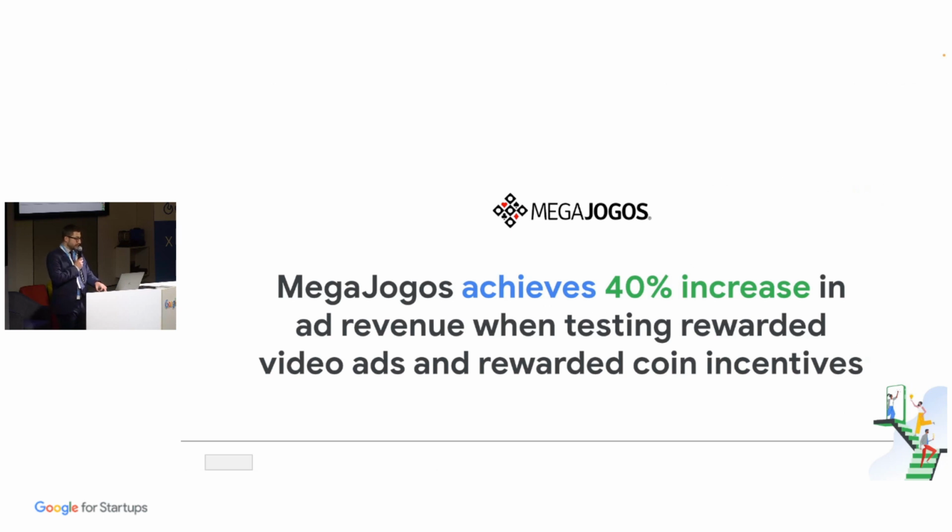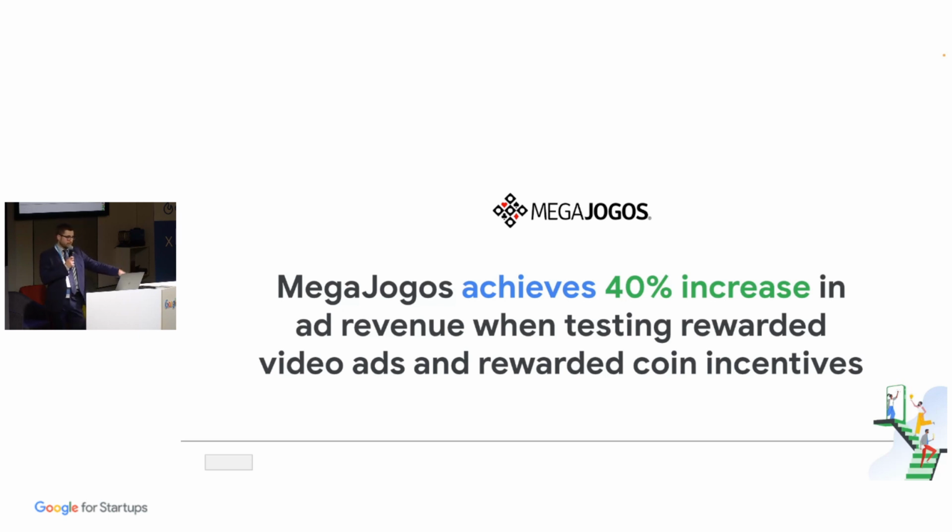And we have a case with Mega Jogos. This is a Brazil-based studio. They noticed that a larger than expected number of new users of their game stopped playing after depleting the 35 coins that they had. It was just a soft currency. They were providing it for installing the app and completing the registration.